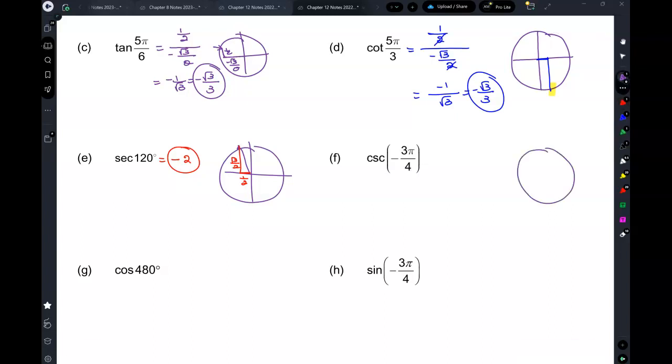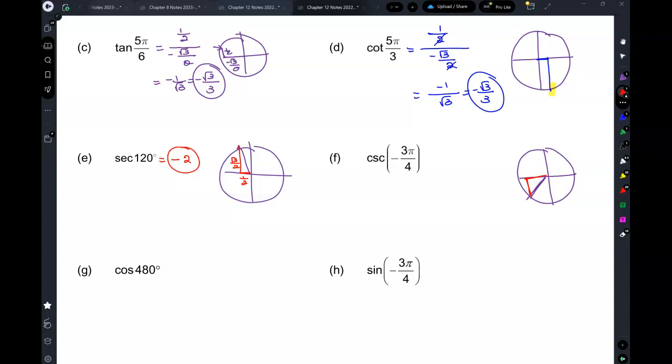Okay, so let's do another one. Cosecant of negative 3 pi over 4. So negative 3 pi over 4. So let's see. I have 1 pi over 4, 3 pi over, oh shoot, it's negative. Yep. So 1 pi over 4, 3 pi over 4 here. Okay, because it's the pi over 4, I go the same amount horizontally as I go vertically. And that amount is root 2 over 2.